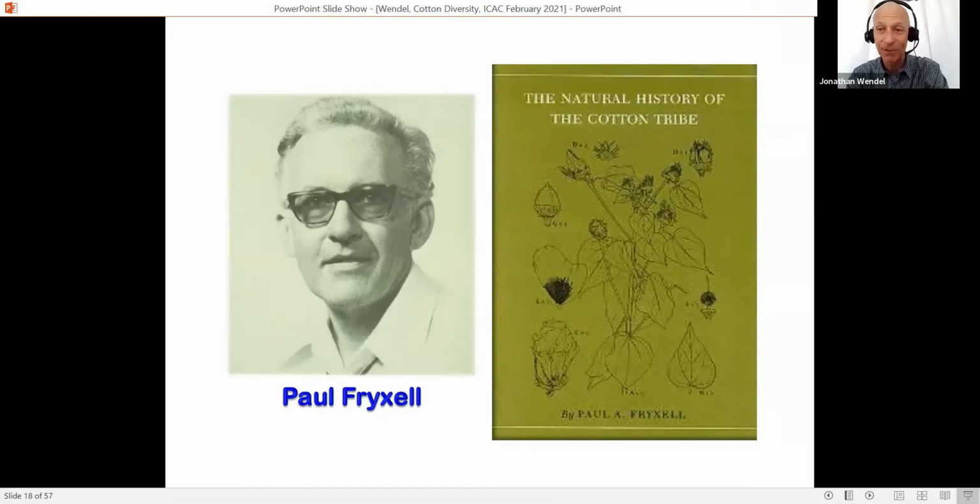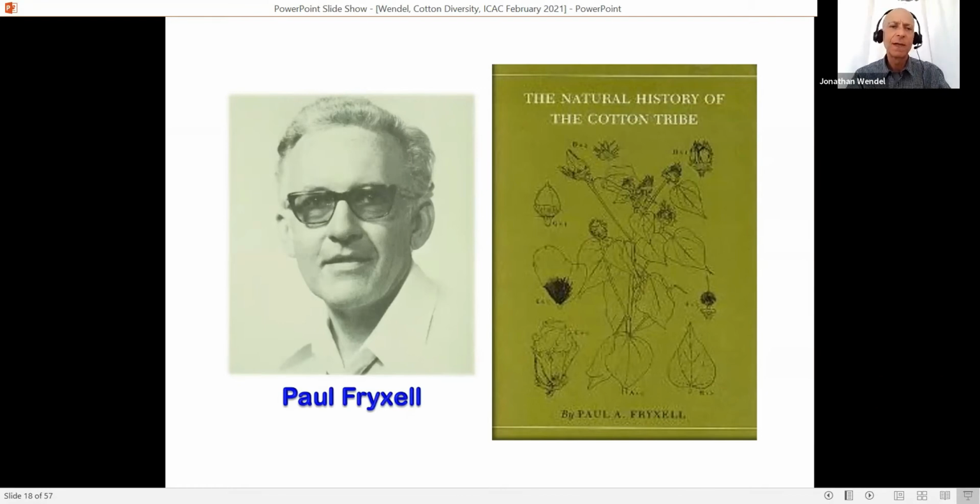And just a remarkable coincidence. But I encourage you to look up the natural history of the cotton tribe. It's out of date in terms of its taxonomy now because it was published in 1979. We've described new species since then.